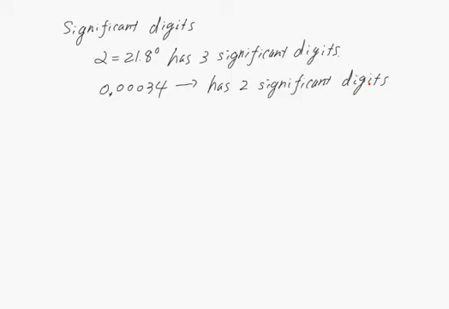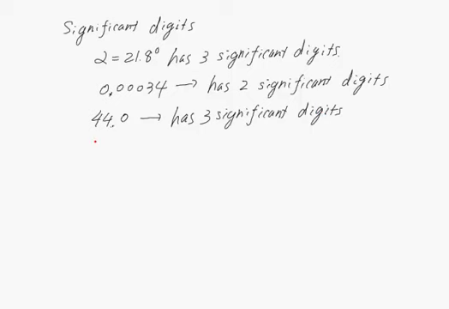Now, let's look at one more example. This time, suppose you have a non-zero digit to the left of the decimal point. Then you have a 0 to the right of the decimal point, and in this case, this 0 is significant. So this one has 3 significant digits. Okay?